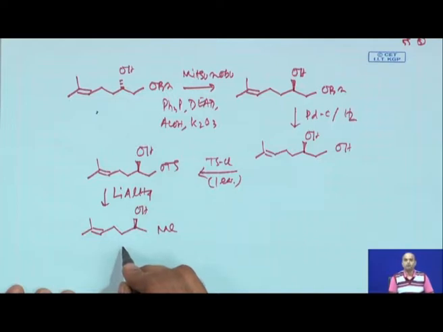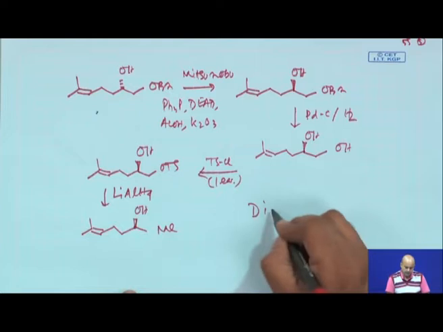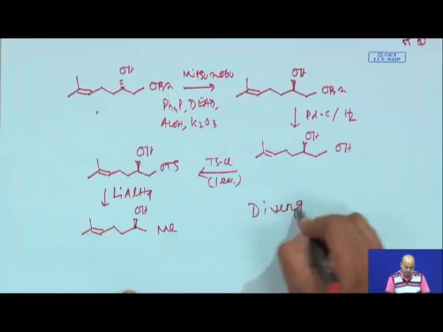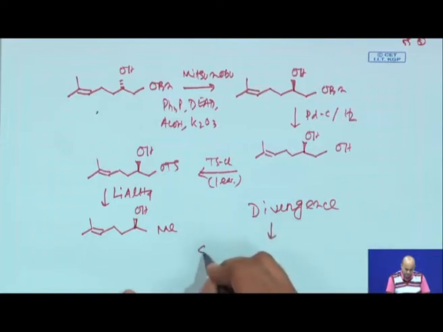So, the other enantiomer of Salactol also can be made. So, the divergence can be easily created from the same starting material.